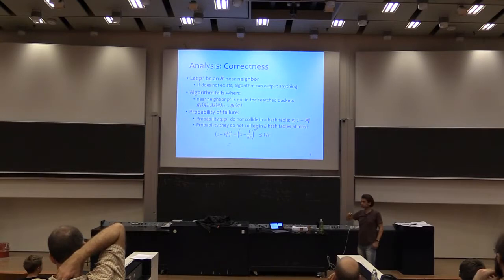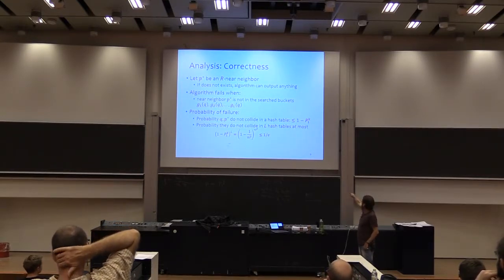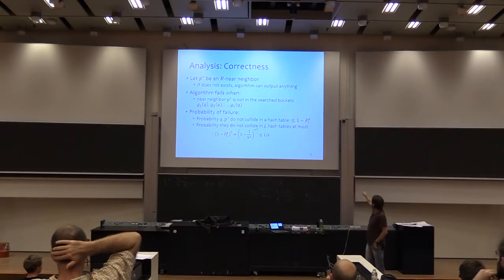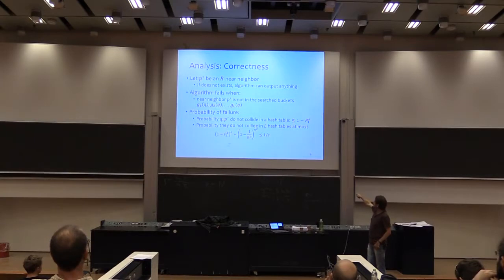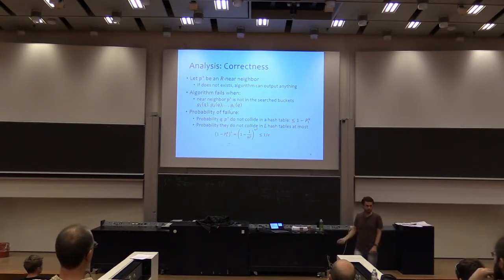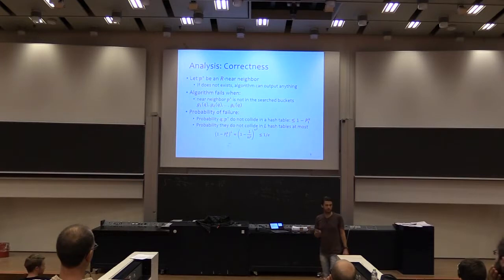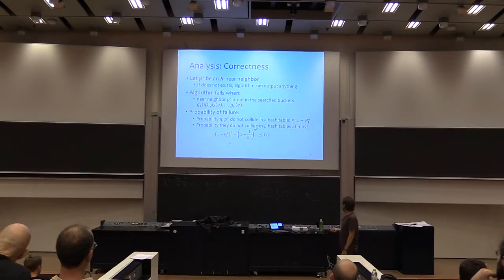The probability that it doesn't collide in any of these n to power rho hash tables is at most 1 minus P1 to power K, raised to the number of tables. This is exactly the calculation that says you need to repeat n to power rho times if each event succeeds with probability 1 over n to power rho.